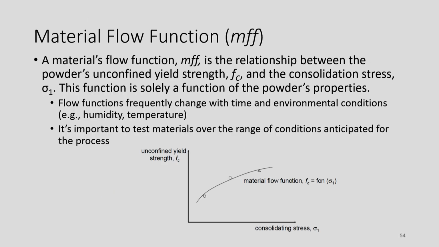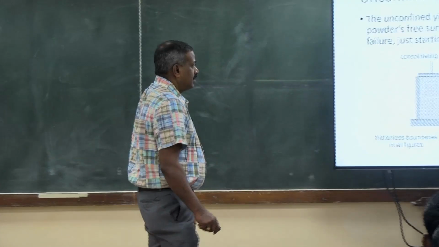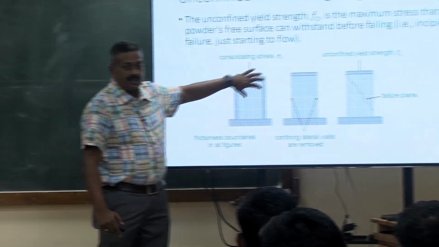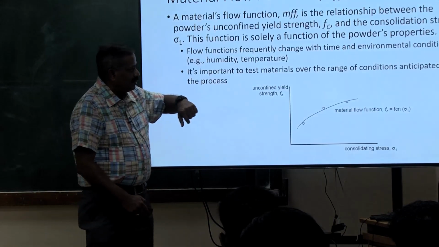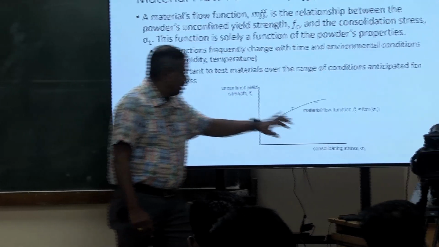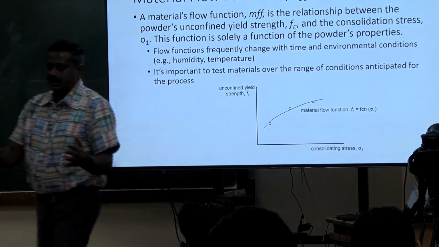Another common property that we calculate from consolidation and unconfined yield strength is called the material flow function. The material flow function is the relation between the normal stress and the unconfined yield strength. The normal stress is the stress at which you are consolidating, sigma 1, the consolidating stress, and the unconfined yield strength is the stress at which it's breaking or flowing.